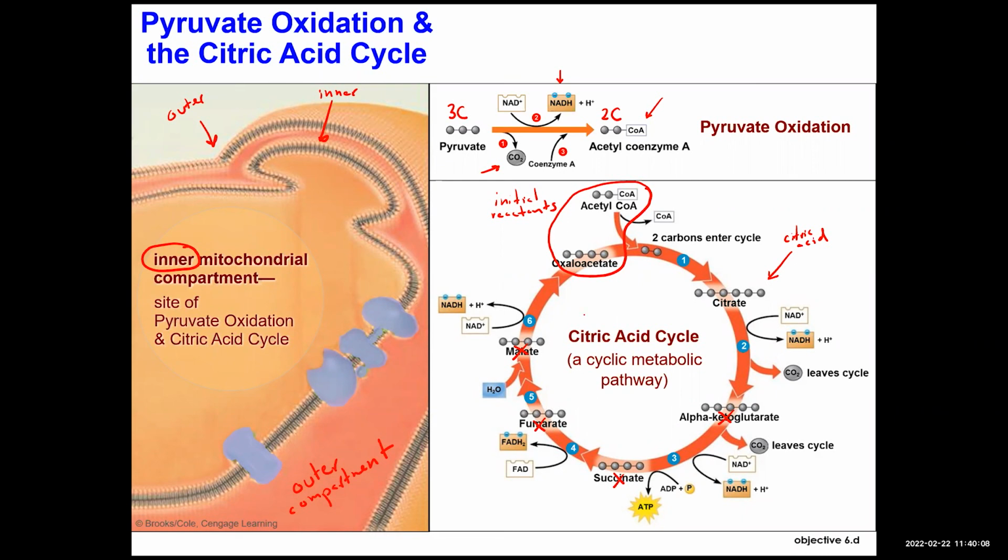We are going to get out a lot of things. So we're going to make, here's one NADH, here's two, here's three. We're also going to make some carbon dioxide. We're going to make an FADH2. And do we make or use any ATP this time?